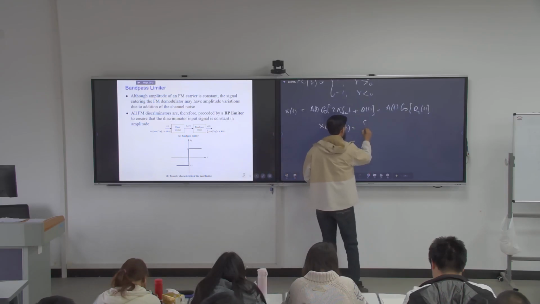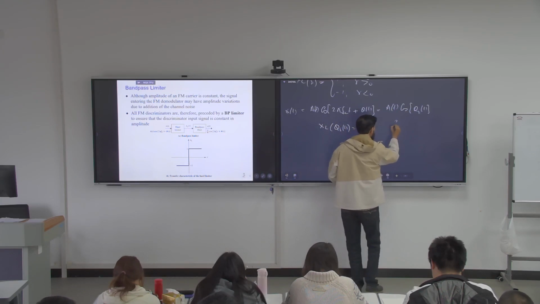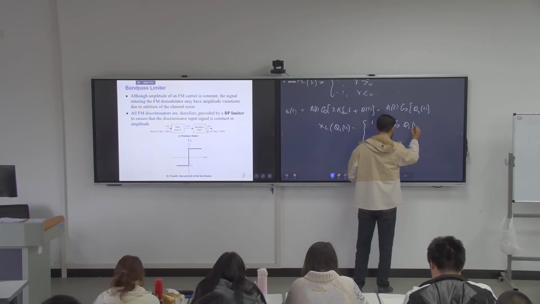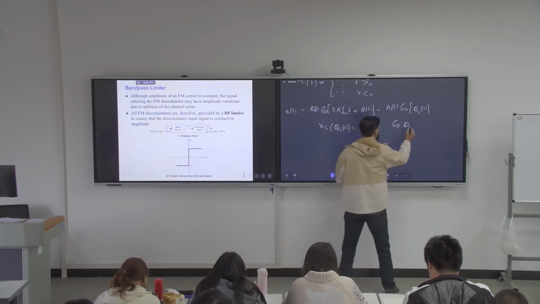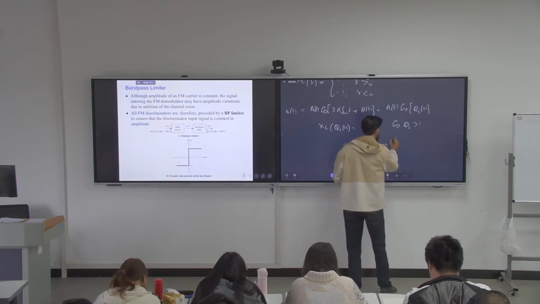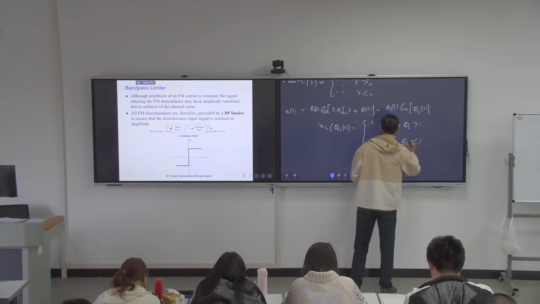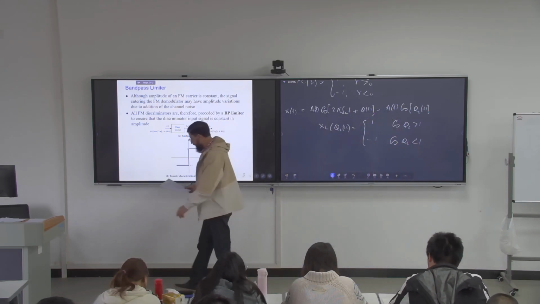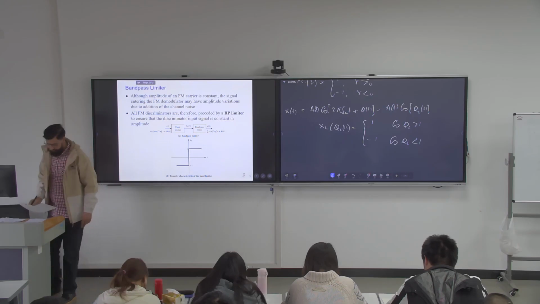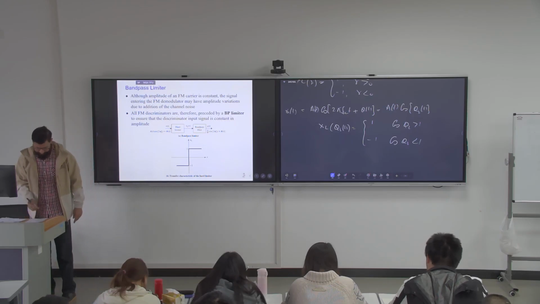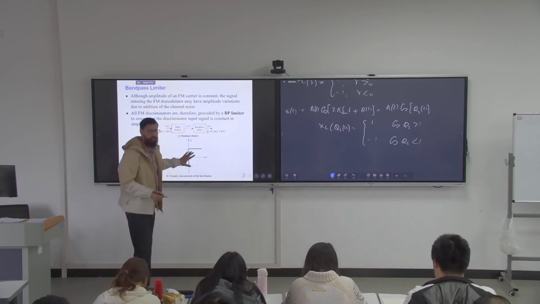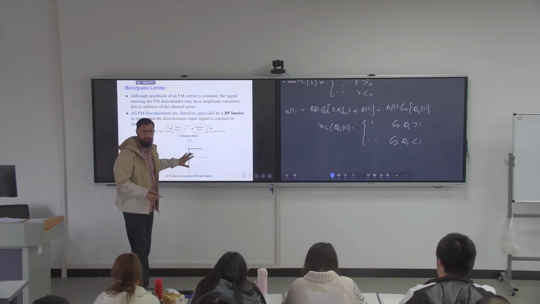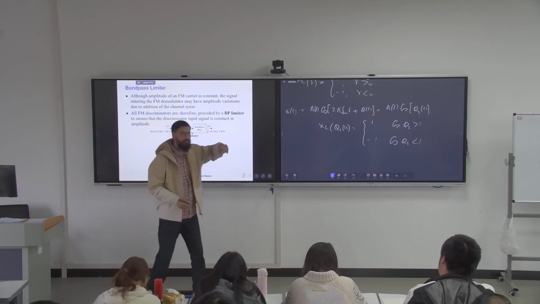Let me make it simpler. I have 1 if cos of phi(t) is greater than 0, and minus 1 if cos of phi(t) is less than 0. This is the condition, right? What kind of waveform comes to your mind? Imagine a periodic cos waveform is passing through.